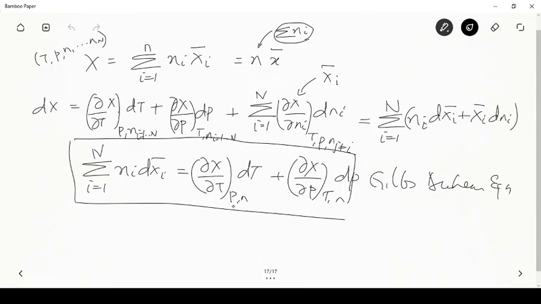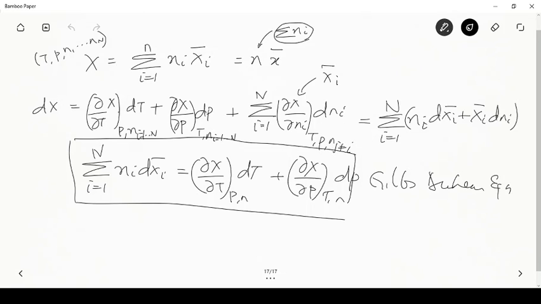how do you evaluate partial molar properties? We have defined partial molar properties, but how do you evaluate them? It's actually not a simple, straightforward thing, because suppose I have a mixture of n constituents.